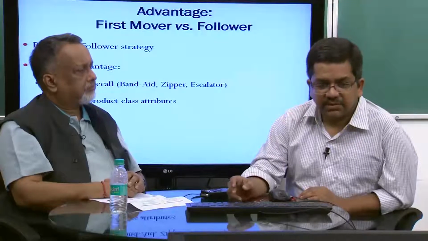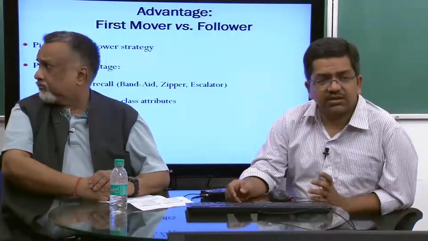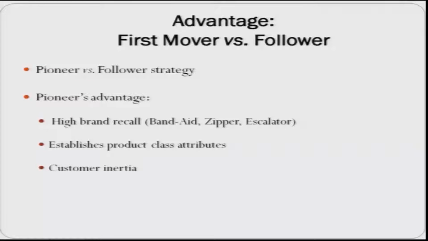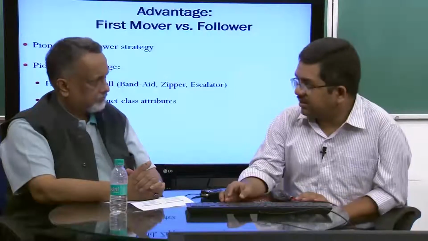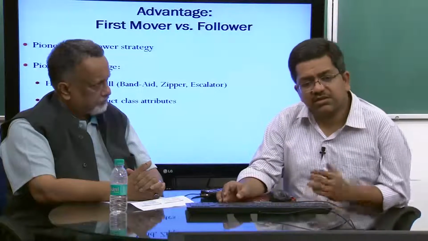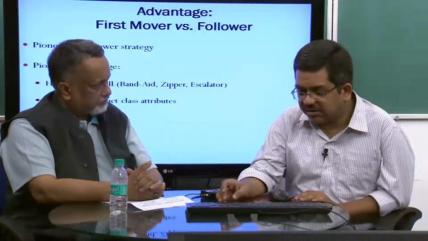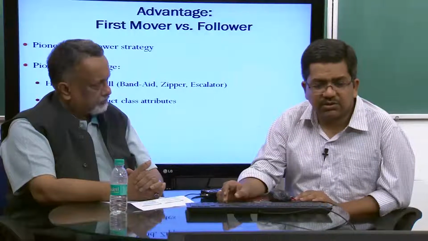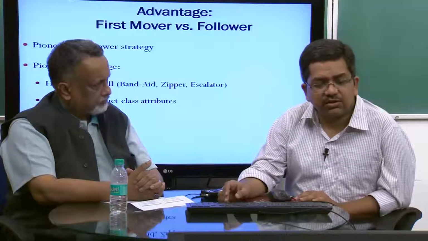And then we also talked about customer inertia: customers once accustomed to a certain kind of product will find it difficult to switch to another brand, and that is a huge advantage to a pioneer, because customers will continue to use a product if they are satisfied, until they get a substitute which is significantly better than the existing one. And then economies of scale, where we talked about the spread of the fixed cost, and one more thing, which was technological leadership.